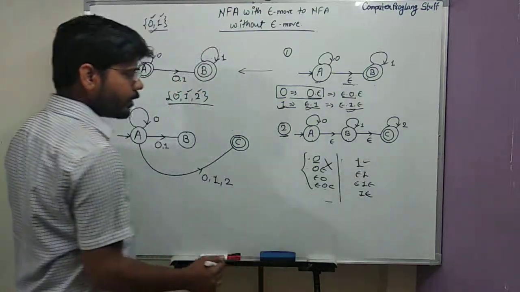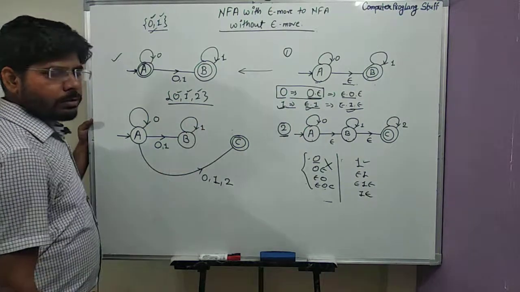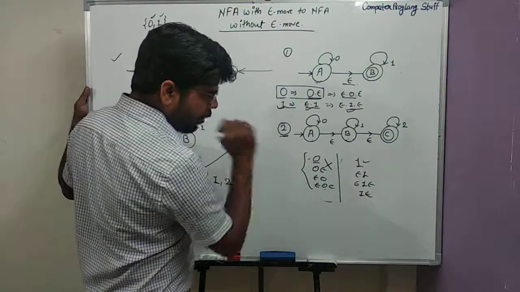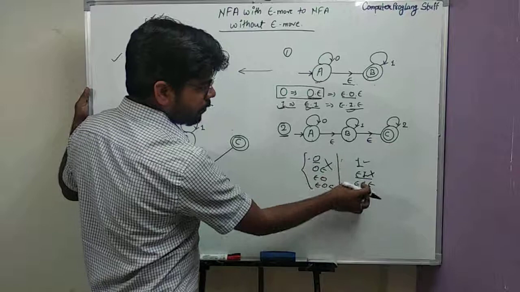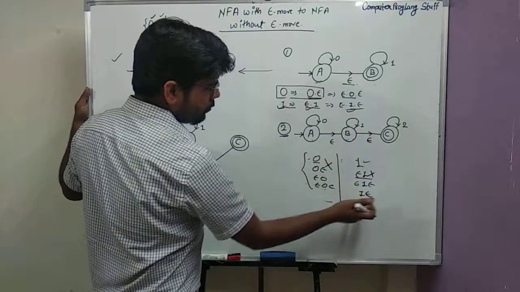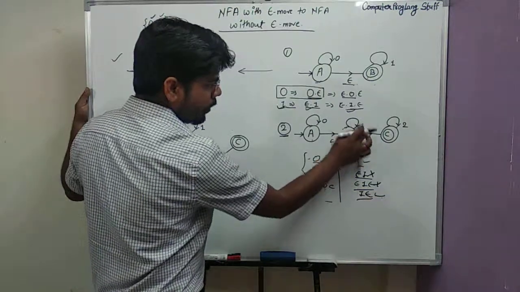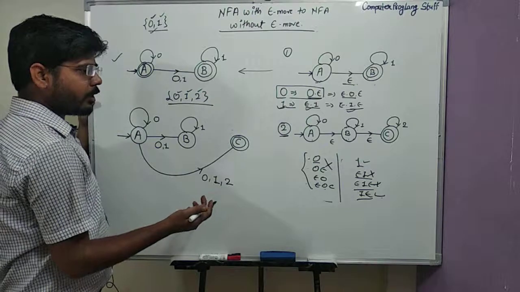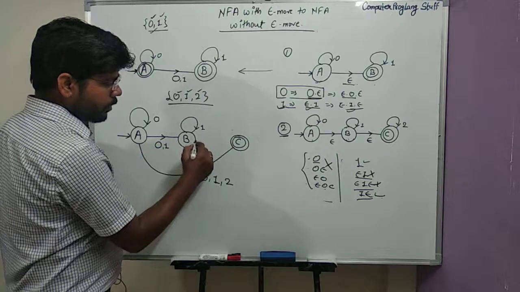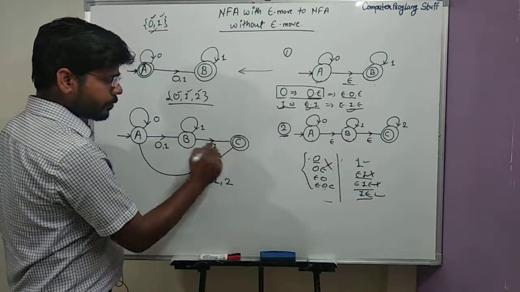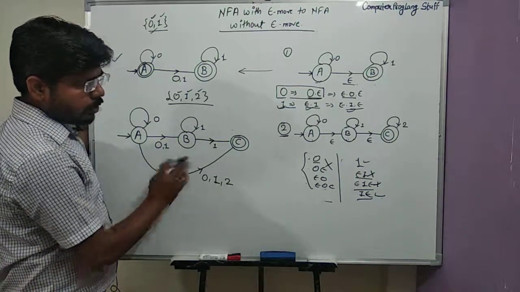If we see the first case, it is possible because we have a self loop. Now if we see this case, we will not have first epsilon and then 1, and this also will not happen. But if you see this, that means 1 and epsilon, that is possible. So that means from B to C you can make a transition for 1. Okay, so these are all possible cases.